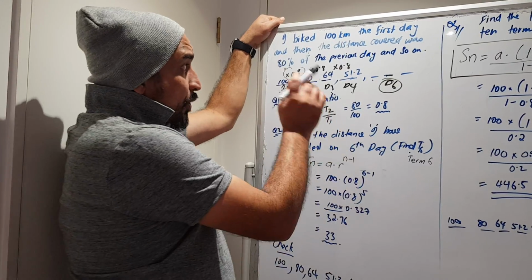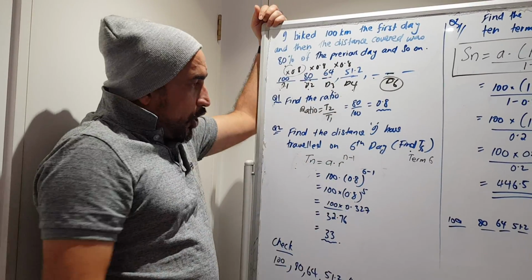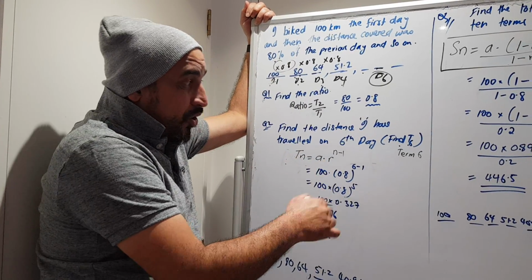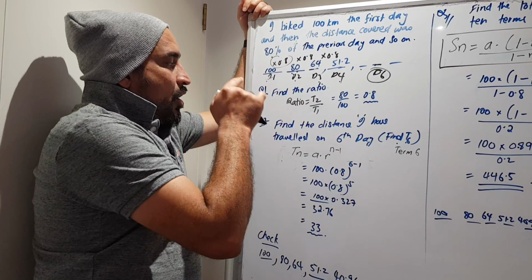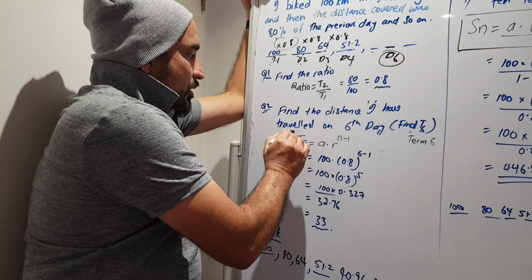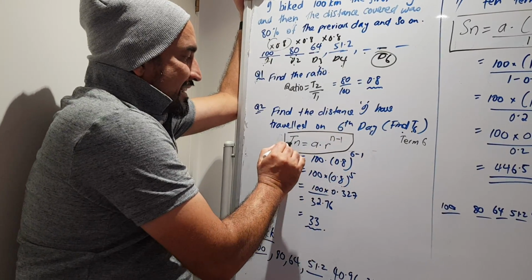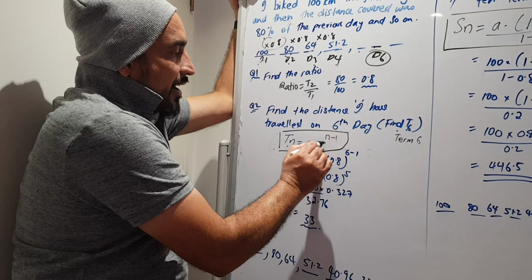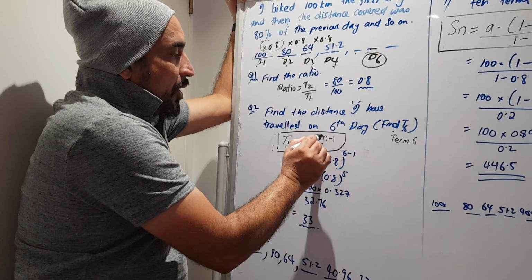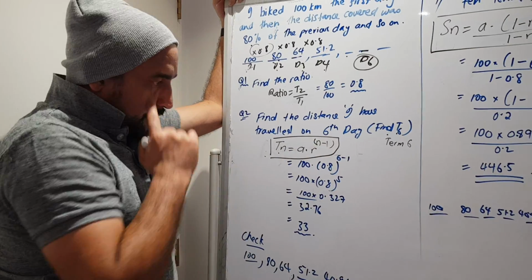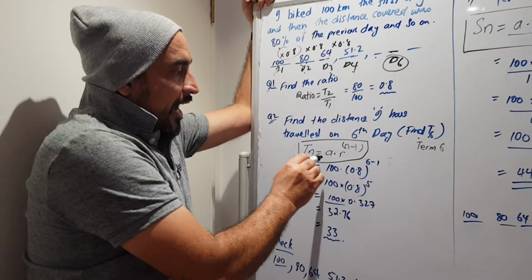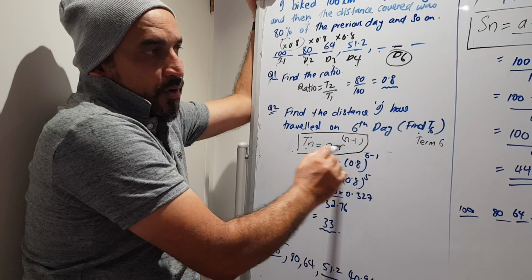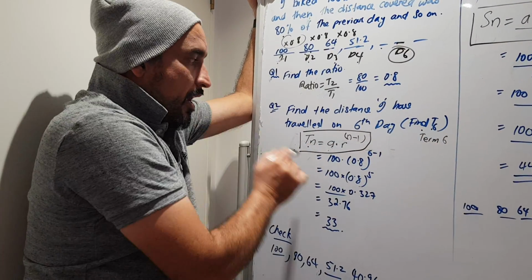Since we know this is geometric, to find the term, we use this formula: Tn equals a times r, where r is the ratio, to the power n minus 1. So a is the first term, which is 100. a is always the first term, whether it's arithmetic or geometric.